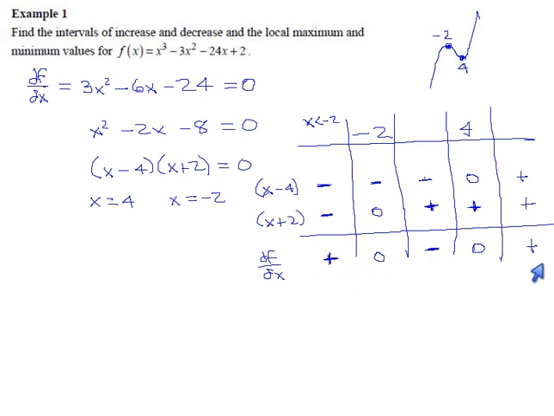So the derivative predicts every curve that this function is going to take. So if we're looking for intervals of increase, the intervals of increase would be everything up to negative 2 and then everything above 4. Intervals of decrease: this is the only interval of decrease. Between negative 2 and 4, the function is decreasing, meaning it's going downhill.